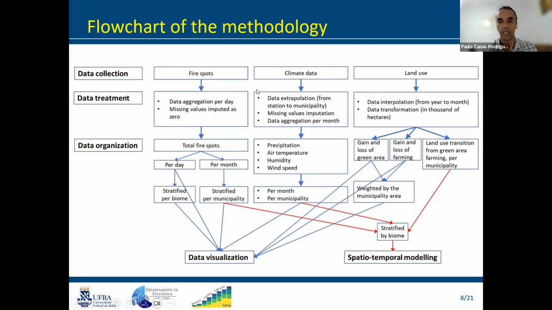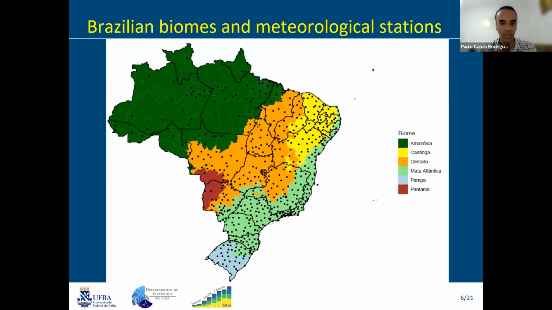The second column is the climate data. For the climate data, we did data extrapolation. We had to get the data for municipalities. For instance, if I go back here, you see that there are some municipalities that do not have any meteorological station. So what we did was assume that there is some kind of homogeneity. If I have a municipality here which does not have an environmental station, we took the average of the three stations that were closest to it.